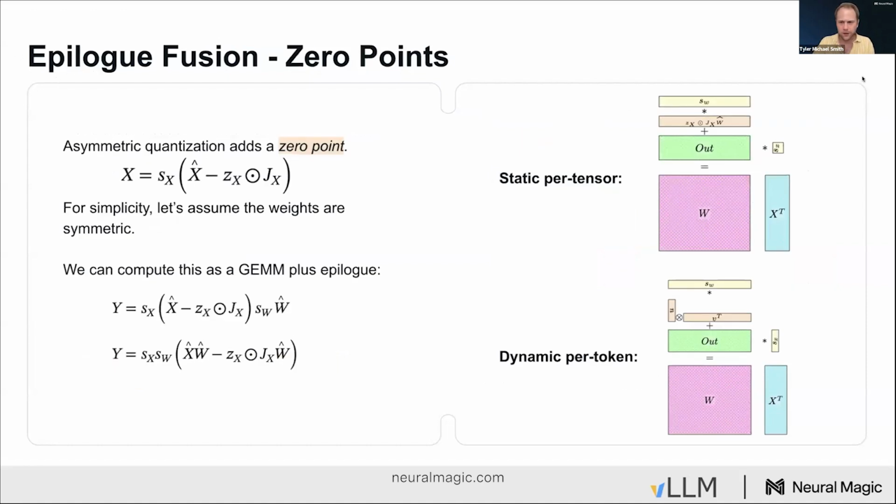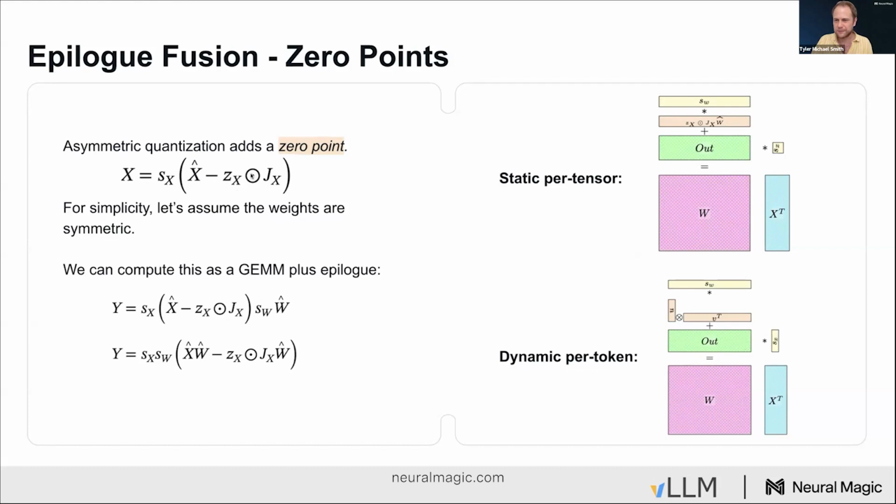Zero points are a little bit trickier. Asymmetric quantization adds a zero point where, instead of just having a scale, we have x minus this term here. So z sub x is our zero point.